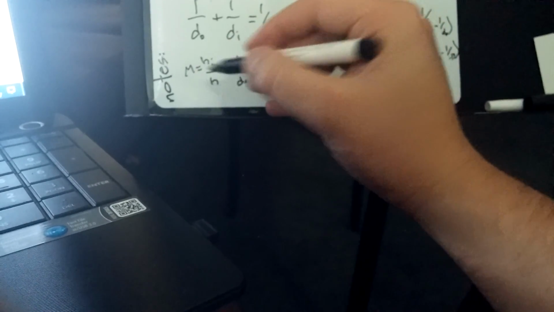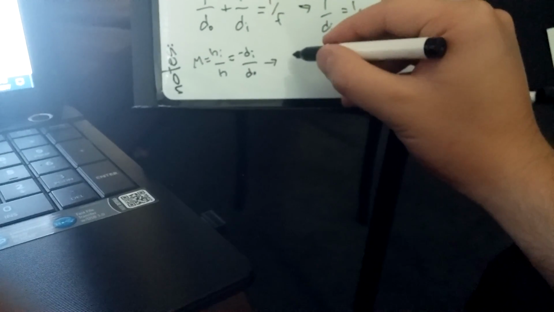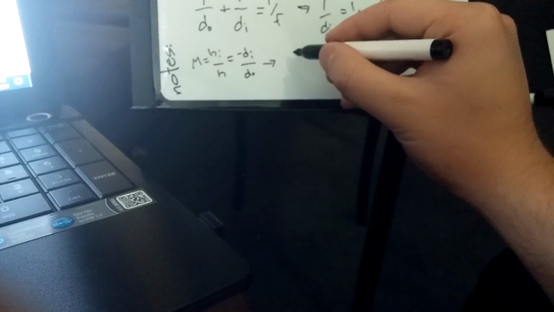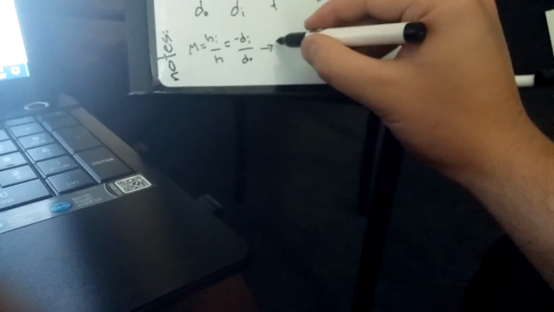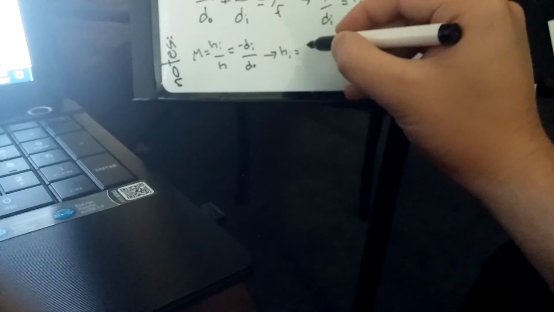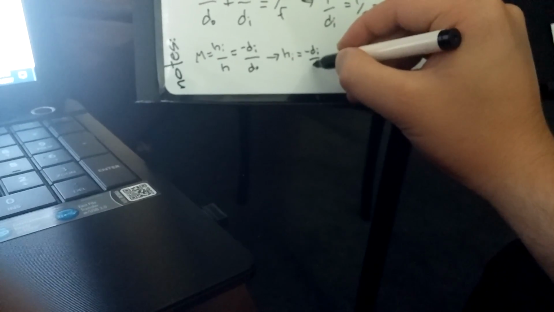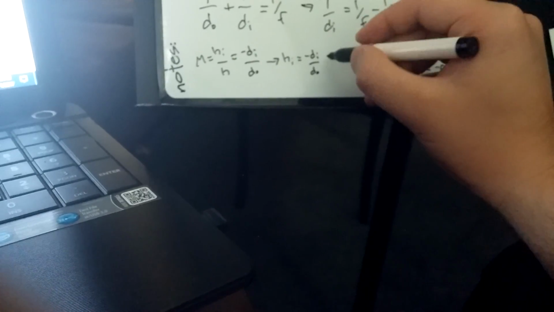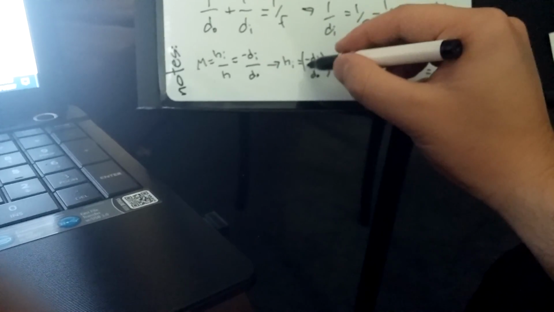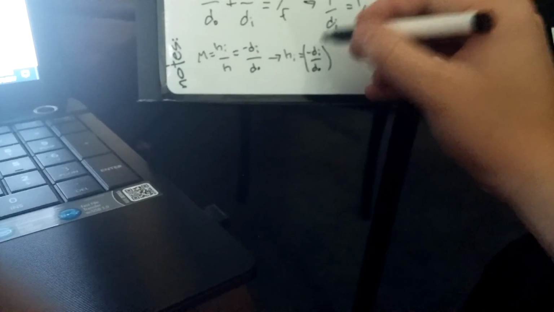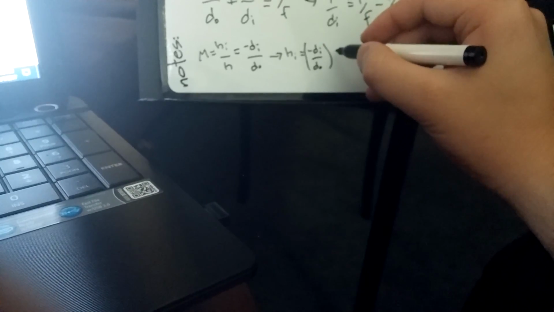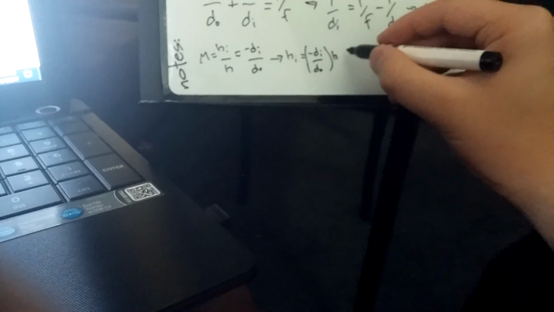So we're going to solve for h sub I, so we're going to basically throw out the M. And if we do the simple algebra, we get image height equals negative distance of the image over the distance of the object, all times, I don't know if you have to do that, I just like to do the parentheses, all times the height of the object.